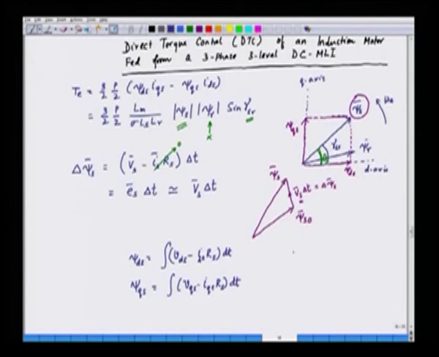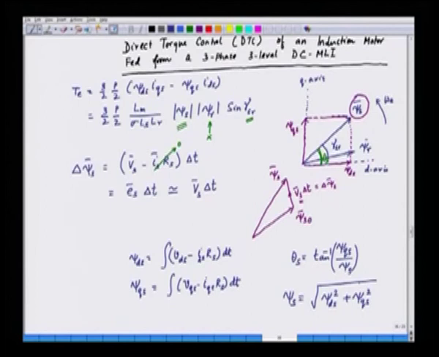Theta s is equal to tan inverse of psi qs by psi ds, and once you know theta s, we can find out the sector information about the flux. The total flux can also be calculated: psi s amplitude is equal to the square root of psi ds squared plus psi qs squared.